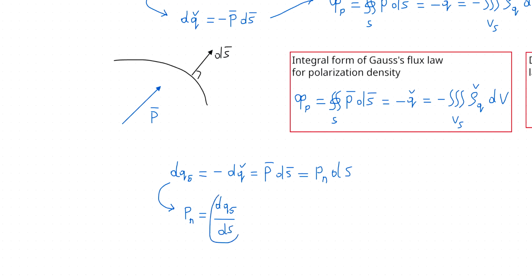This value, the bound charge on the surface divided by area, is the surface density of bound charge.